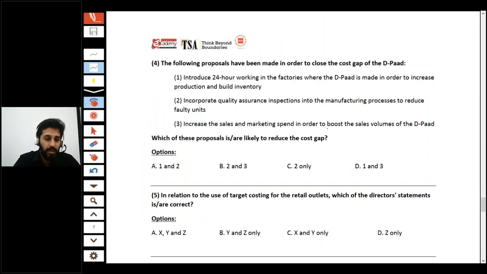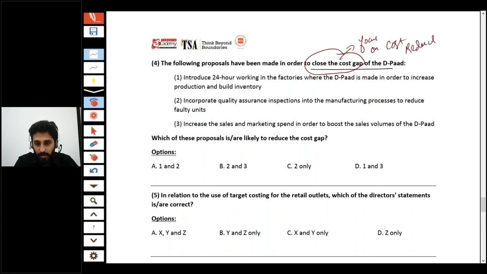And here it is saying that the following proposals have been made in order to close the cost gap. Now listen that whenever you are trying to close down the cost gap, you should focus on cost reduction, right?